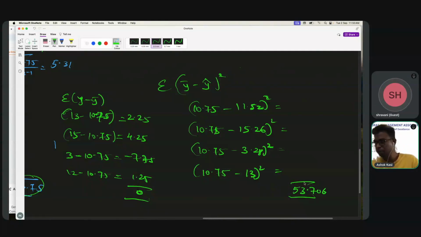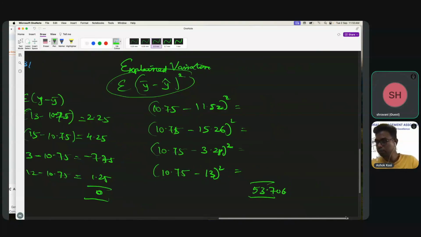53.706. Okay, so this is called explained variation. See, I'm using the word variation, not variance. The reason being, variance will have denominator as n minus 1. It has only the numerator part of variance.